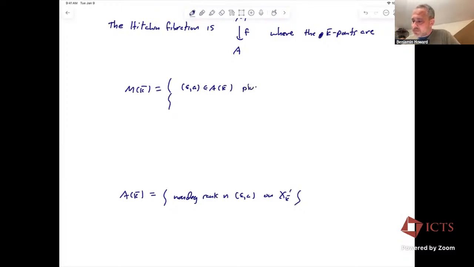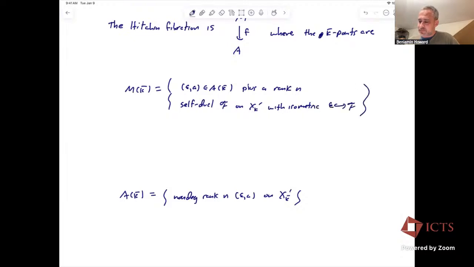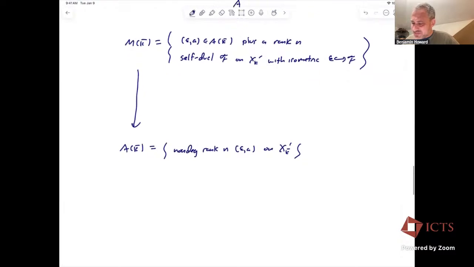plus a rank n self-dual F on X prime with an isometric embedding. Now, okay, what's the point here?